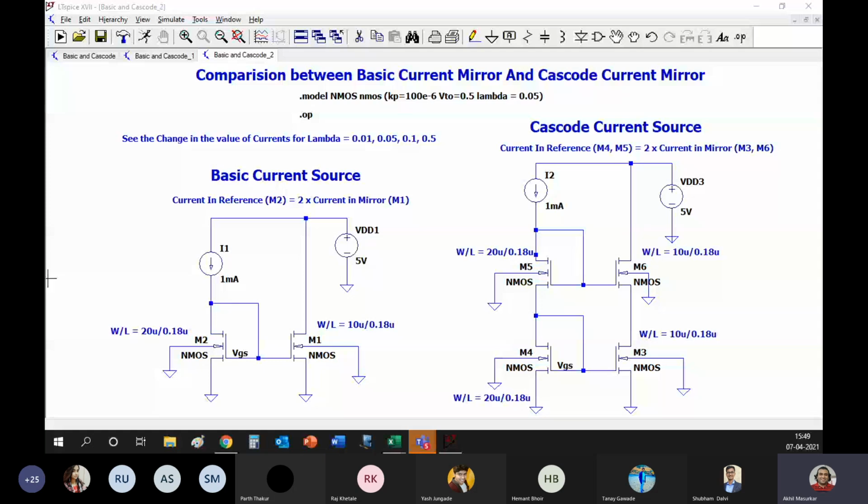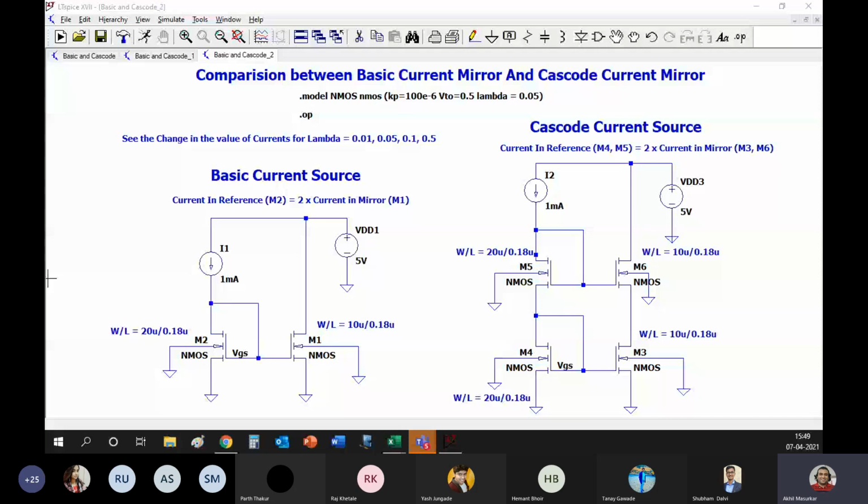My another question is that if you want high voltage swing, will you use basic current source or cascode current source? No, sir.